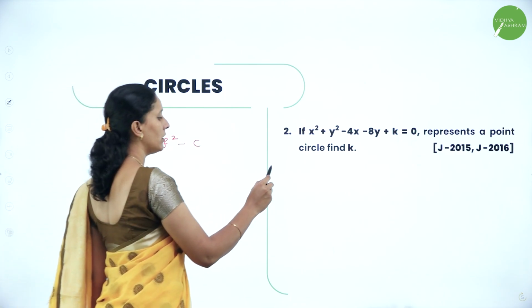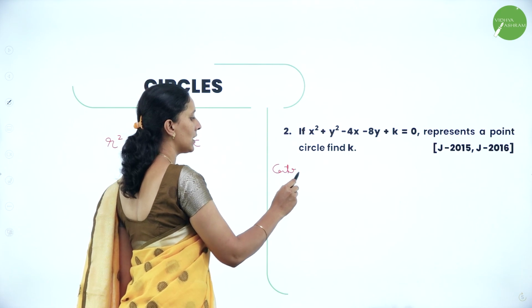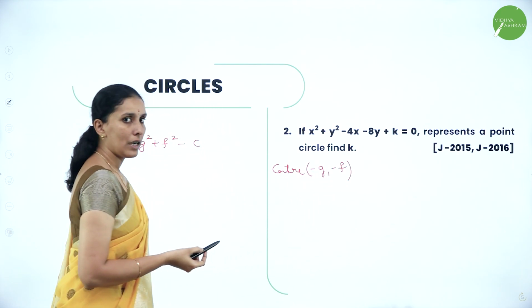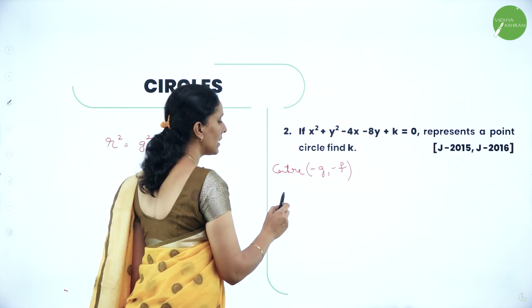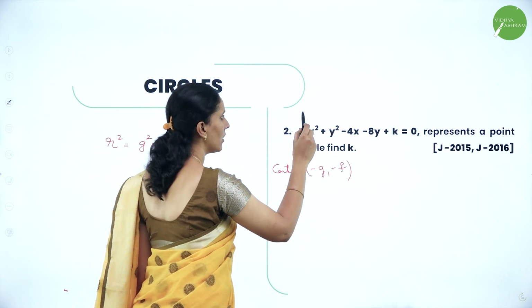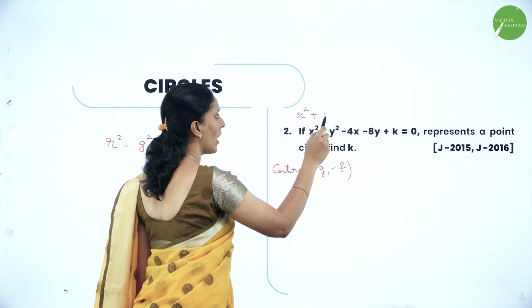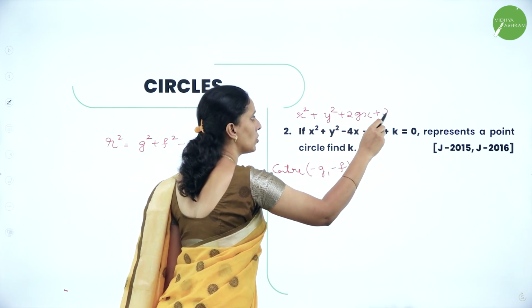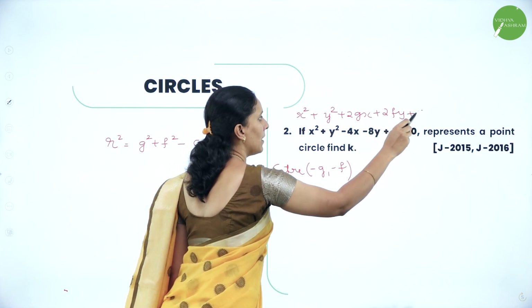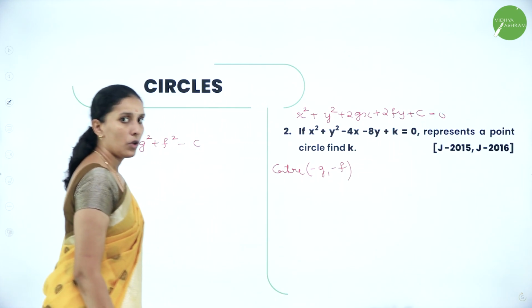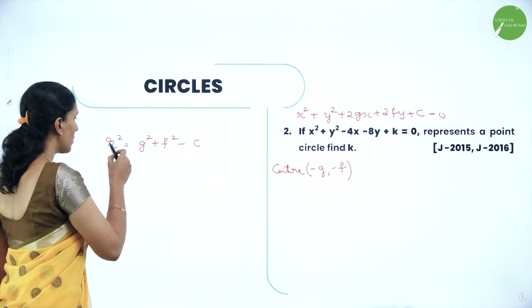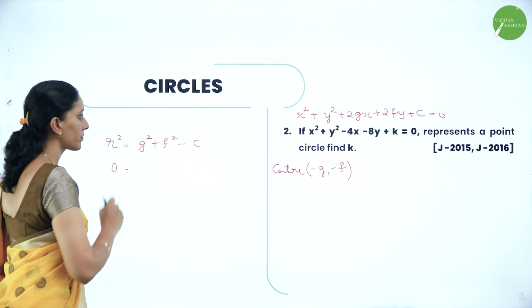The center of the standard equation of the circle is minus g comma minus f and the last one c is a constant. So here the general equation is x square plus y square plus 2gx plus 2fy plus c is equal to 0. We know that for a point circle the radius is 0. So this quantity is 0 now.